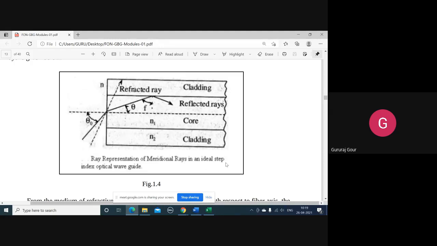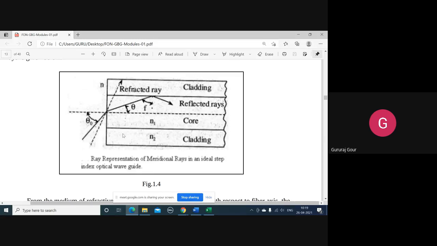And as you are observing in this figure, it is written ideal step index. It is also known as step index single mode fiber. We are considering step index single mode fiber for the discussion of ray theory. Understanding? Step index single mode fiber.